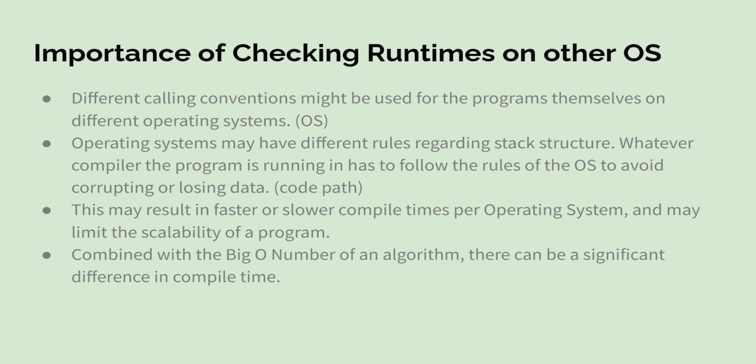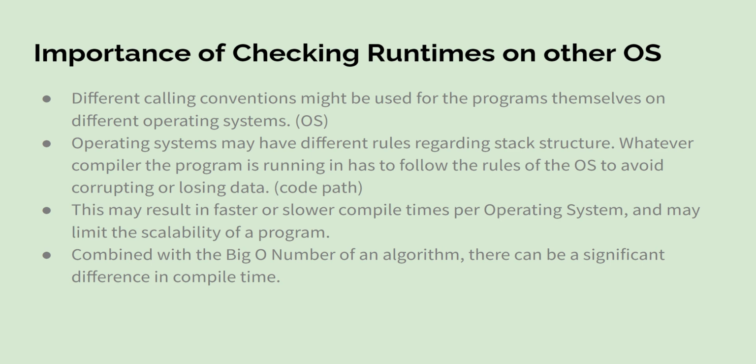So typically, it's going to follow a different code path for, say, Linux than Windows, in the way that the data moves around behind the scenes in the compiler versus in the different operating systems. This may result in faster or slower compile times per operating system, and it may limit the scalability of the program. That's the big thing that we wanted to harp on a little bit, and you'll see here in a minute.